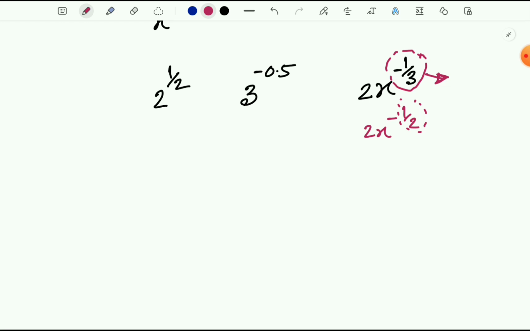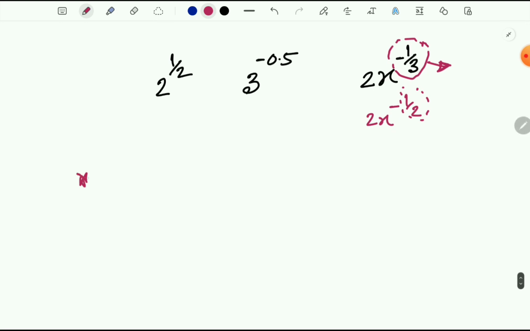We'll solve some problems. Let's have a problem like this: 0.0016 to the power 1 by 2. How can we solve it?